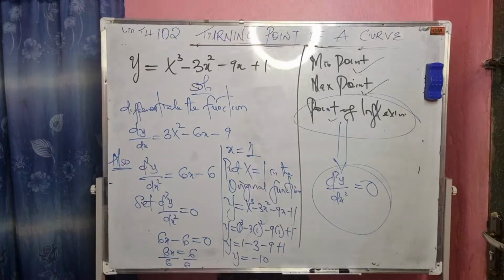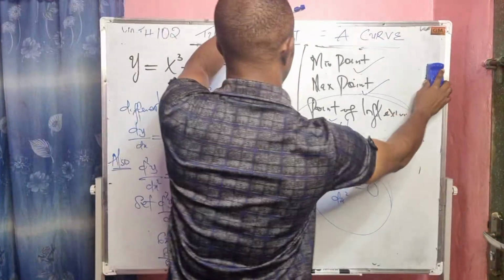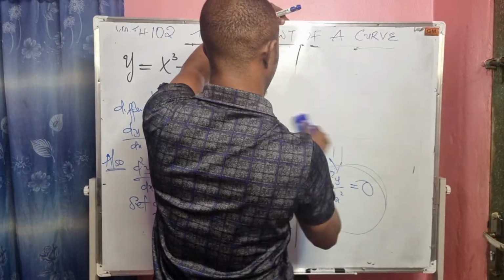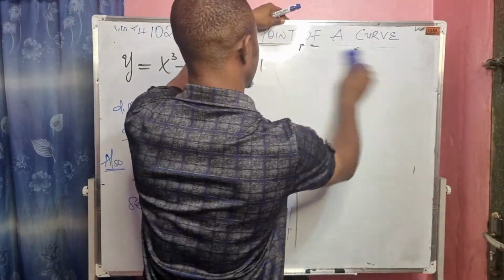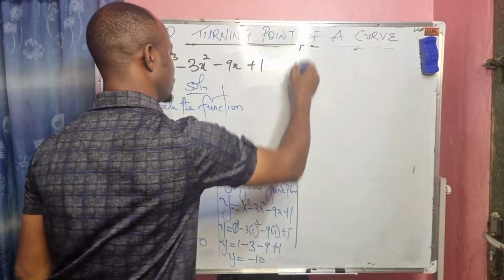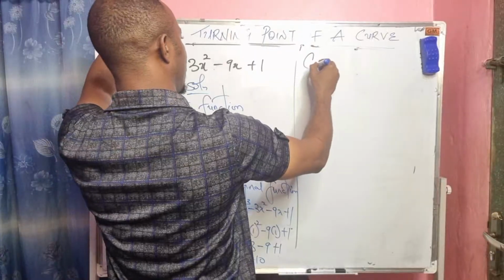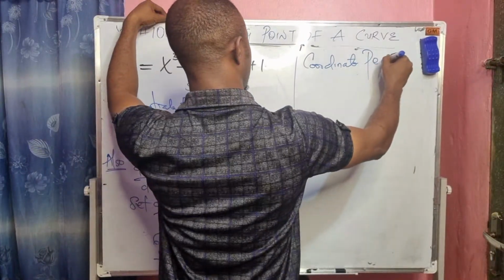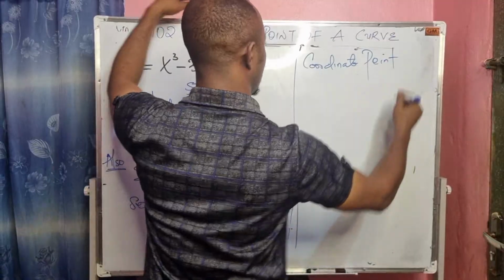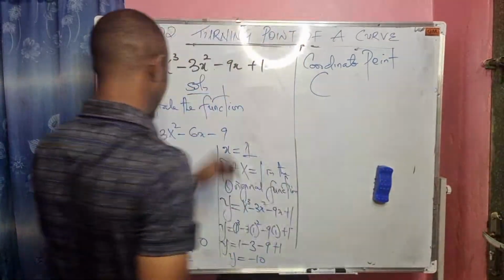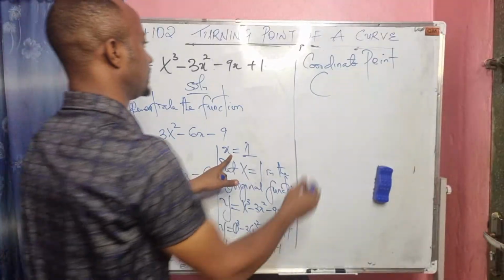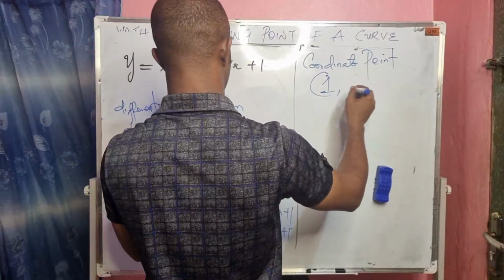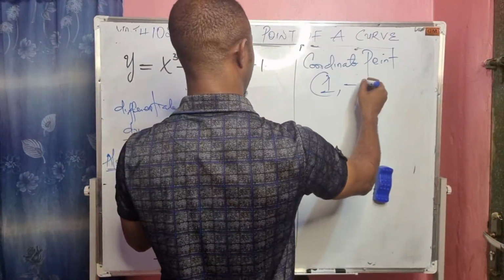So that means the coordinate point for the point of inflection will be when x is 1, then y is minus 10.